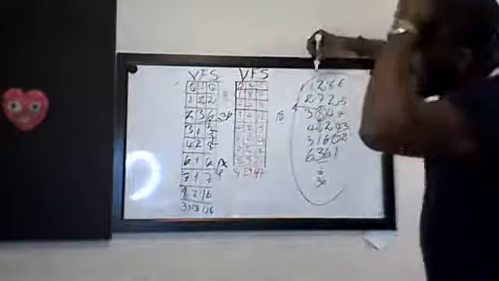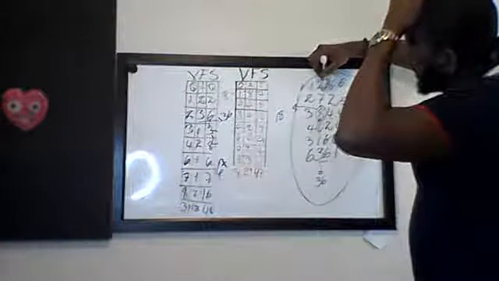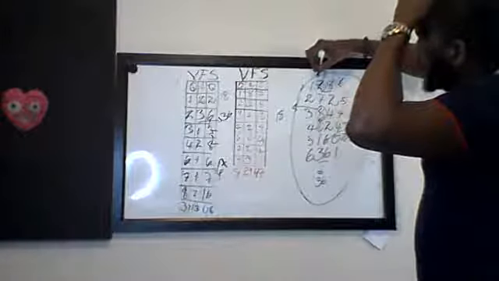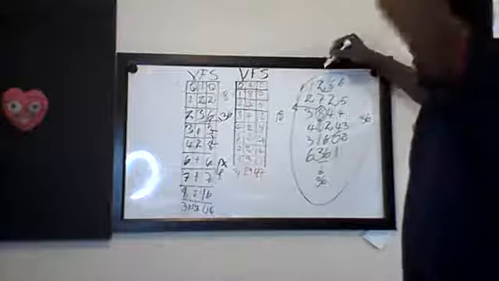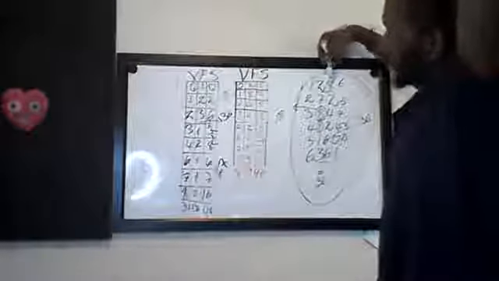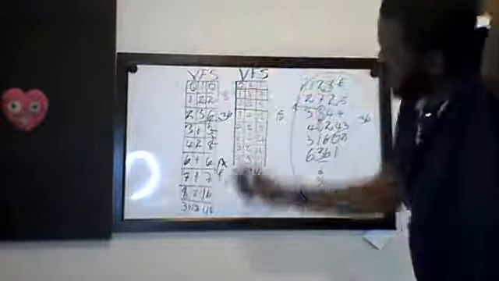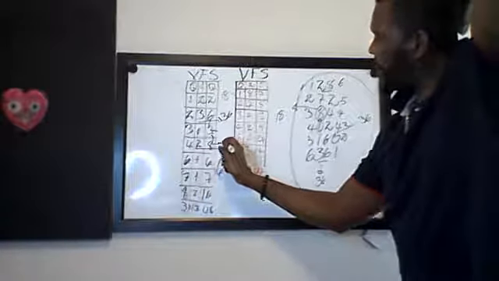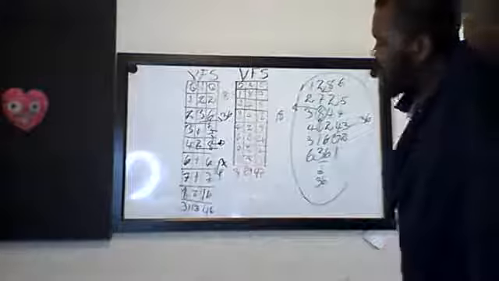And then over here, I got 28. I got 28 right here. You see it? I got 28 right here.